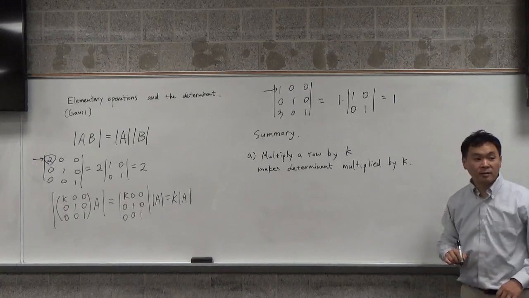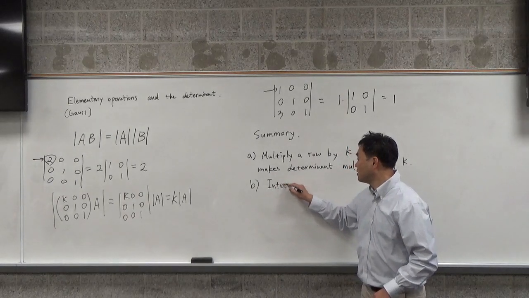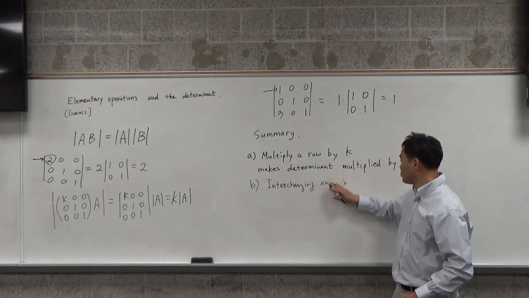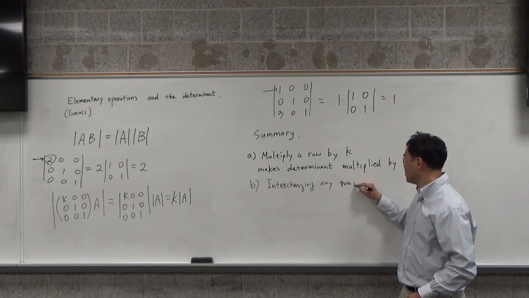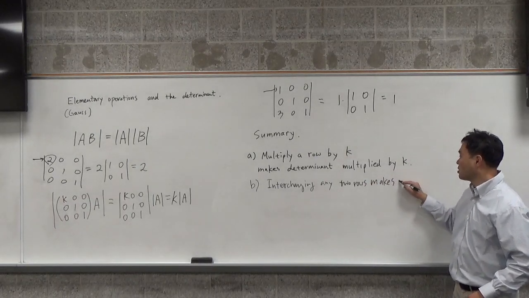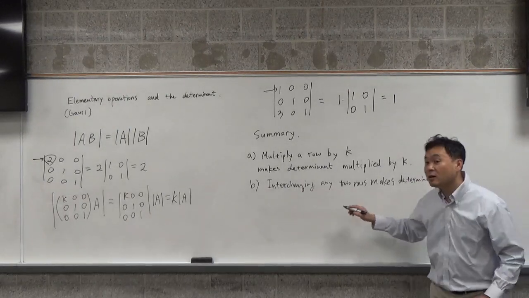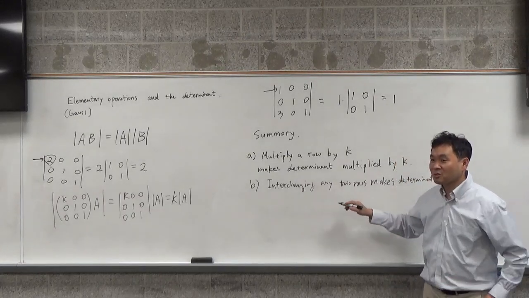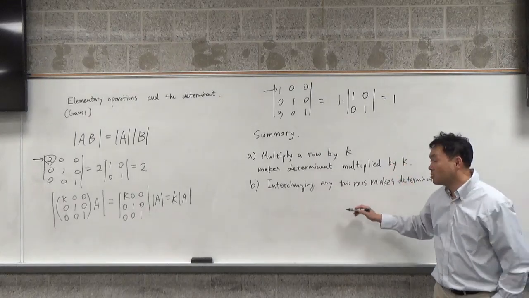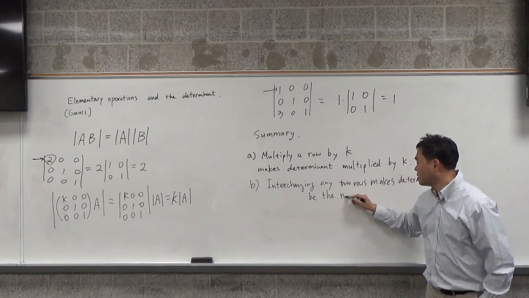Right? Okay. B, interchanging any two rows makes the determinant what? Not inverse, you don't say inverse. What happens to the determinant if you switch two rows? Negates. Okay, so the determinant is the negative of itself.